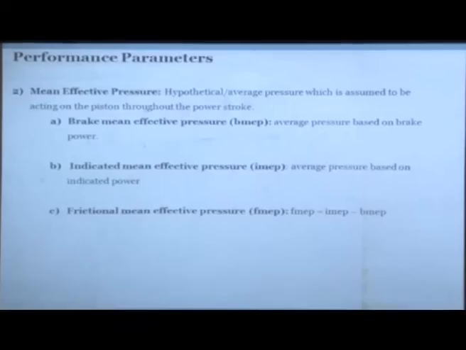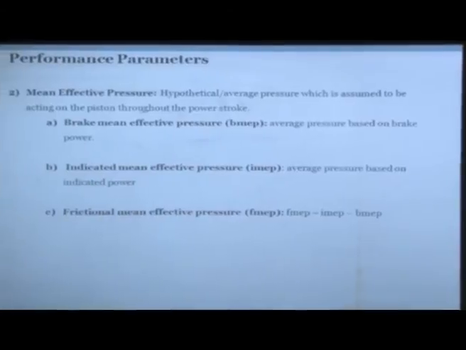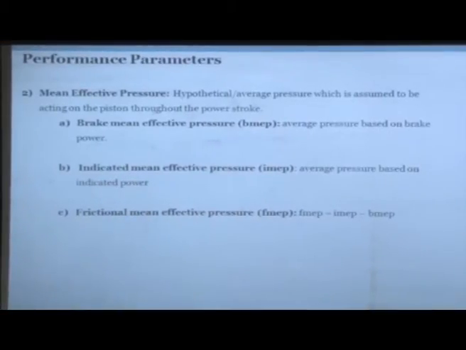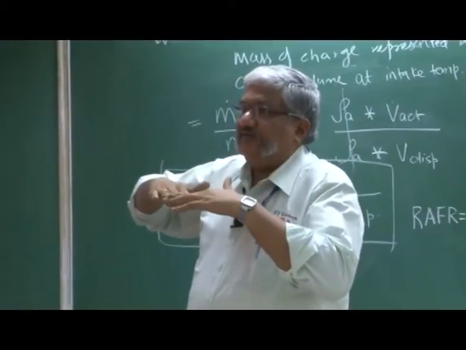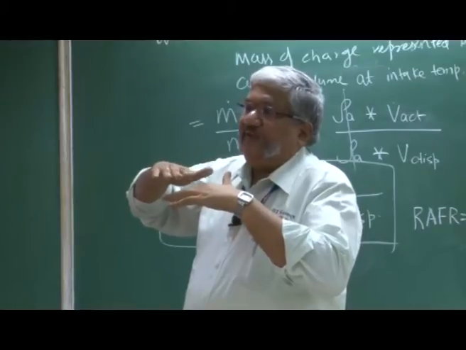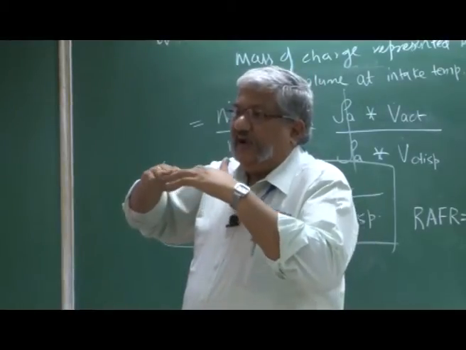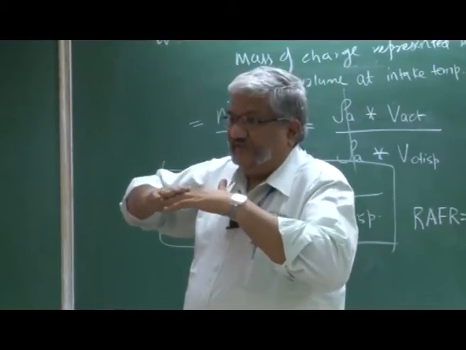Similarly, I told you that I will be discussing with you the mean effective pressure. What is this mean effective pressure? See, if you look at an engine, you have injected the fuel, okay, and the piston is at top dead center, the pressure starts rising because of combustion, and then the piston starts moving down. At some point in time the combustion gets completed, but the pressure is still very high, the piston is moving down.